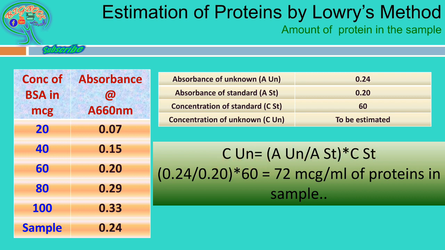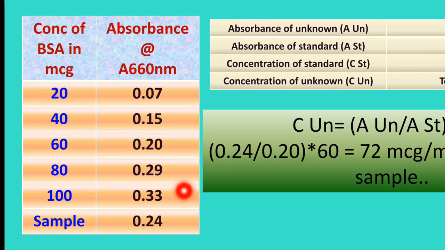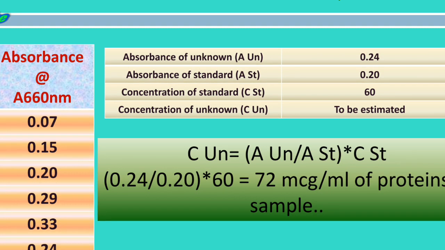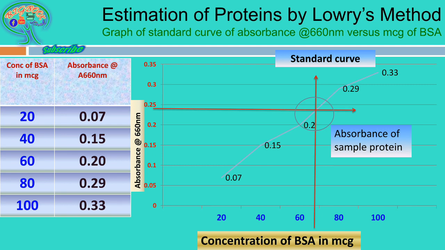The concentration of the unknown is nothing but the estimation of the protein present in the sample, that is the unknown sample. According to this, absorbance of unknown is 0.24, that is the last reading, and absorbance of the standard is 0.20, which is near to the 60 micrograms.